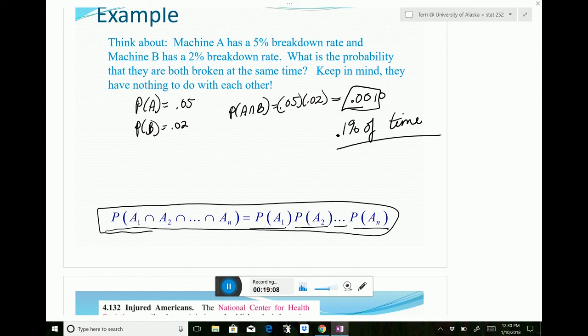They're completely independent, and we can just multiply all their probabilities. So if you think about rolling three 5s, if you're playing bunco or something, that would be 1/6 times 1/6 times 1/6, which is 1/216, since each one is independent.